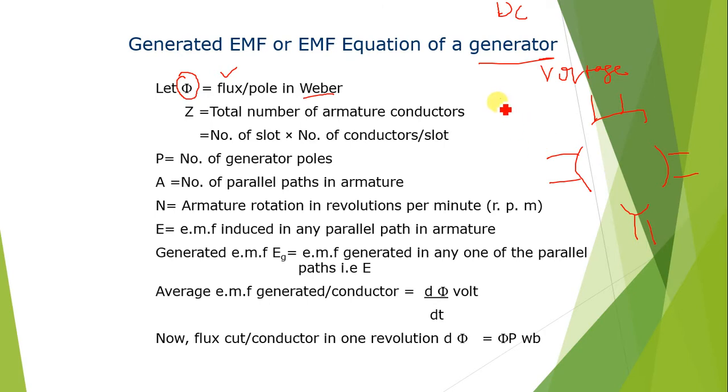If it is 12 Weber totally, it is 3 Weber per pole. With 4 poles, each pole will produce 3, 3, 3 and 3, so cumulatively we get 12 Weber.